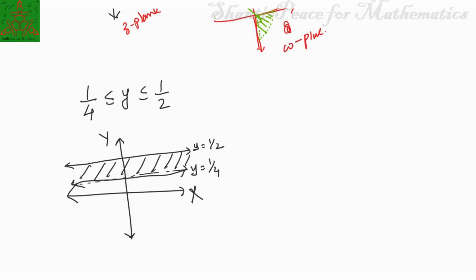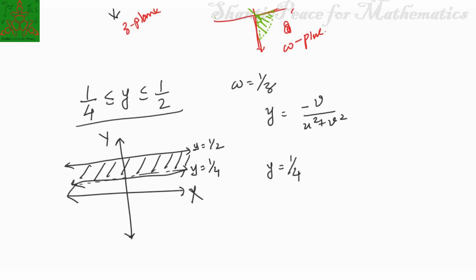Now we need to calculate what will be the image of this. As you know, the value of y under the map w is equal to 1 upon z, we already calculated it is minus v upon u square plus v square. So if you substitute this value here, let us calculate the image of y equal to 1 by 4. That will give you minus v upon u square plus v square equal to 1 by 4, that will imply minus v into 4 equal to u square plus v square.